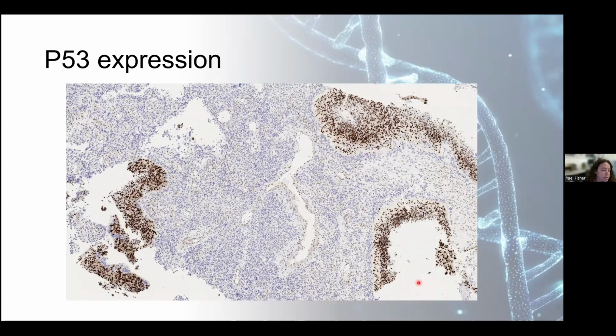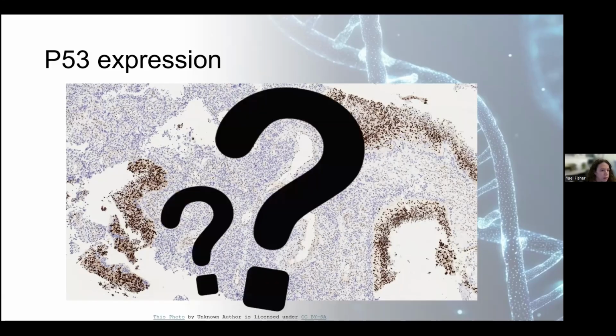A very intense staining of all of the cells in that area. So any ideas of what's happening here? Does anyone have an explanation to why we're seeing these two different patterns of staining of P53?